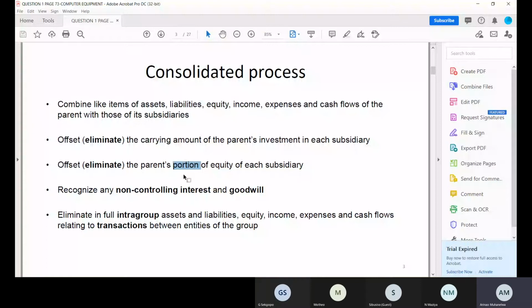There are two ways to measure it: at fair value or at the proportionate share of net assets.